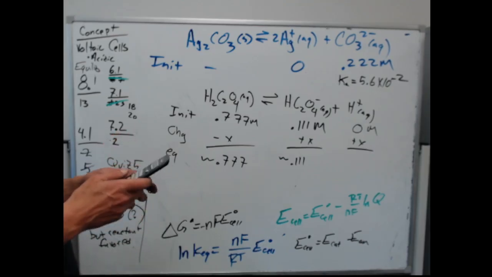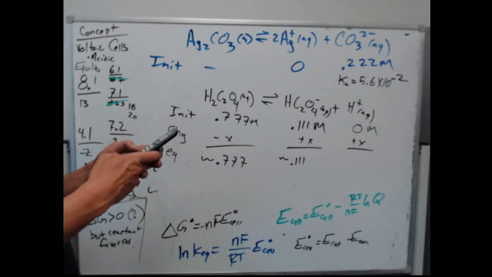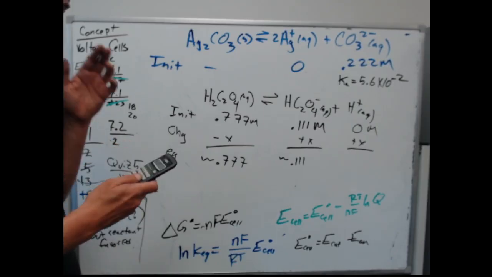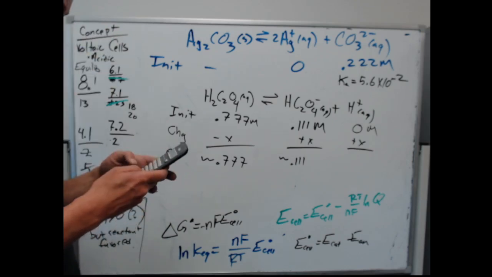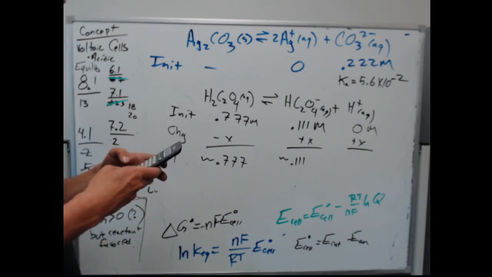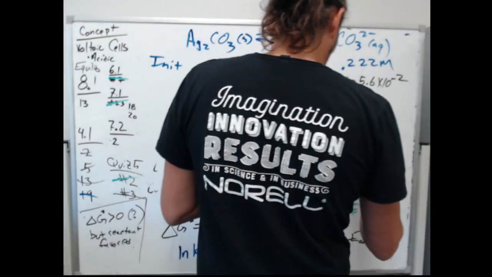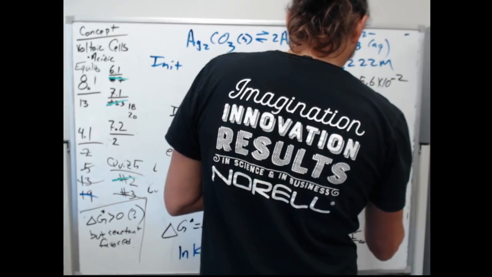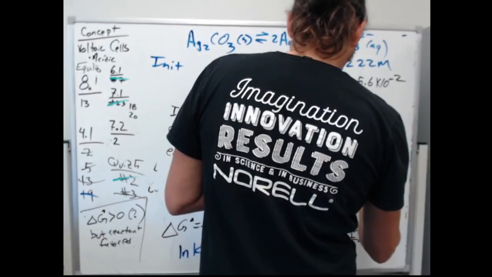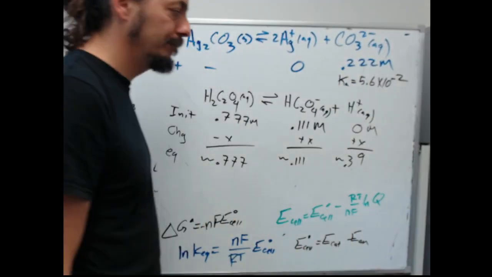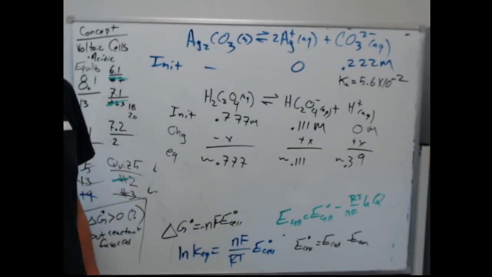So I'm going to go ahead and do 5.6 times 10 to the minus 2, approximately, times 0.777 divided by 0.111. X is small approximation fails.